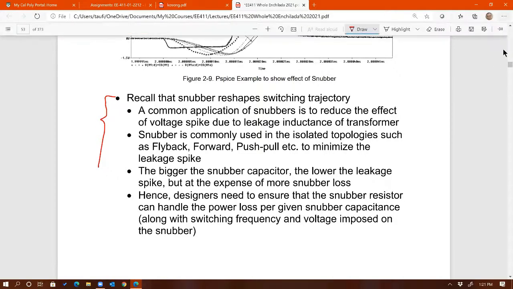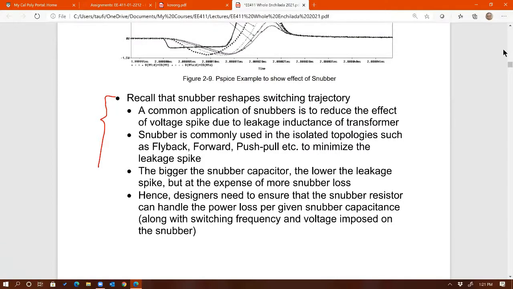The turn-off snubber. When we learn about the theory behind the turn-off snubber, what we use is how it relates to the turn-off switching transition, right? You already saw that the turn-off snubber helps minimize the overlap between voltage and current.